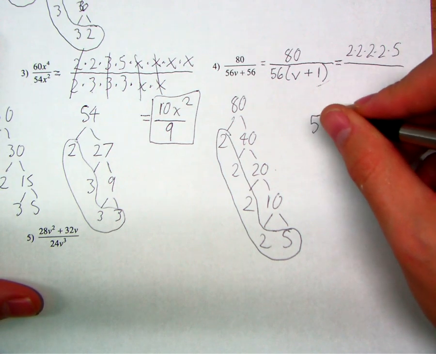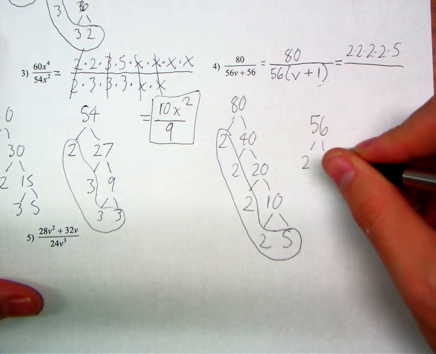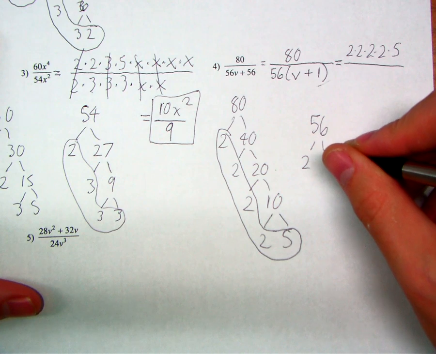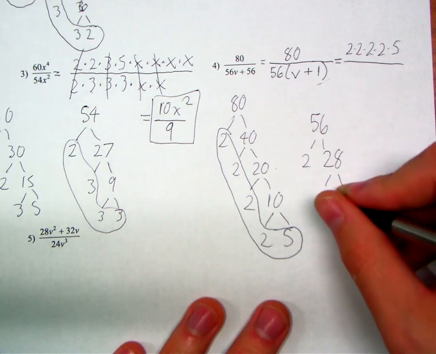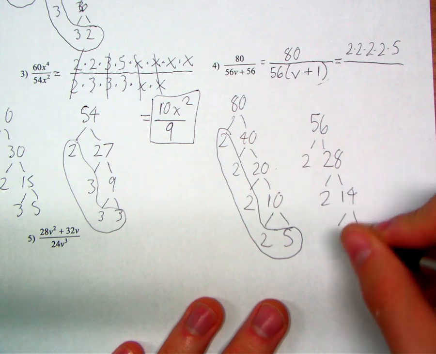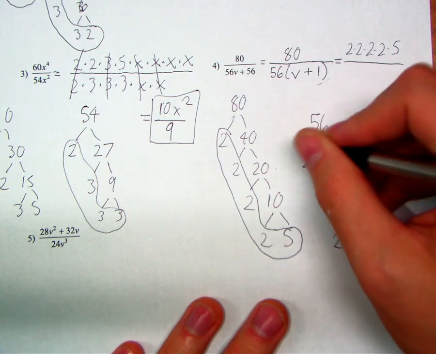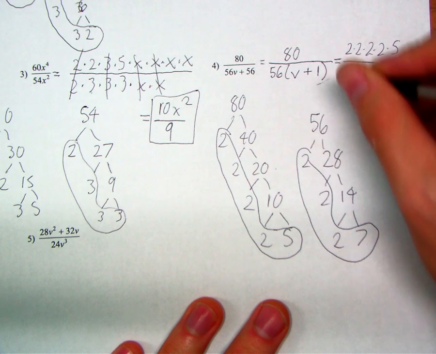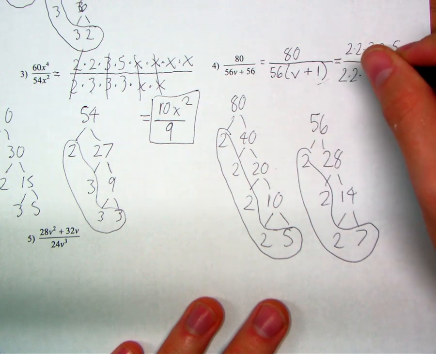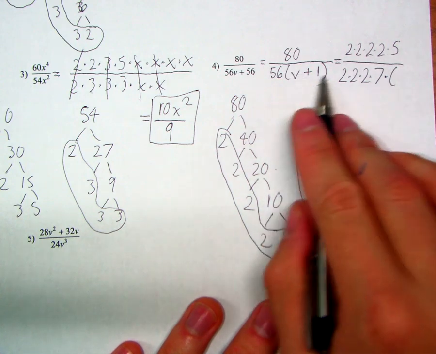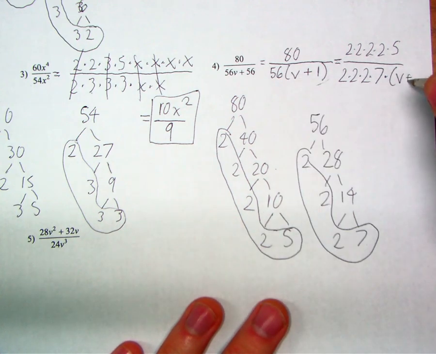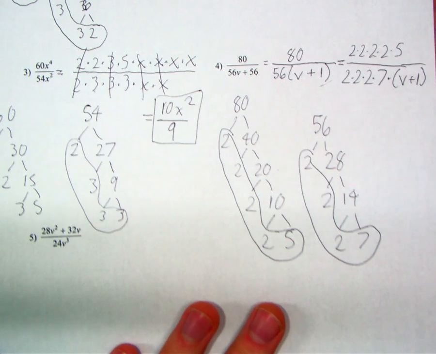No, we haven't done 56 yet. 56 is 2 times, what would that be, 28? 28 is 2 times 14. 14 is 2 times 7. So 2 times 2 times 2 times 7, times we still have the v plus 1. Okay. Now what cancels here?